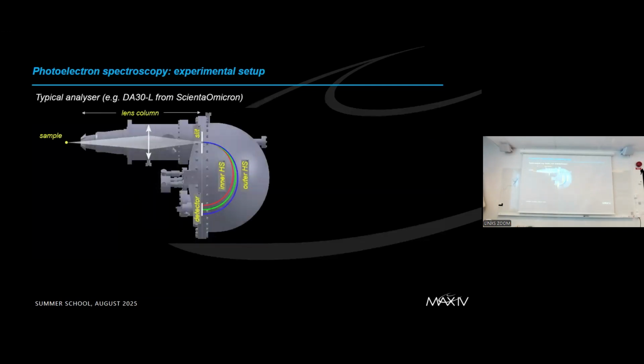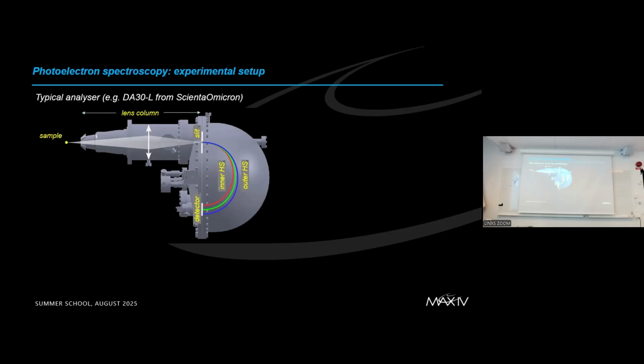If you look more closely at what is happening inside the photoelectron analyzer, the lens column is used for focusing the electrons on the slit, as I said, and then in the hemispheres, between the inner and outer hemisphere, the electrons are deflected differently, so they have an energy dispersion on the detector.